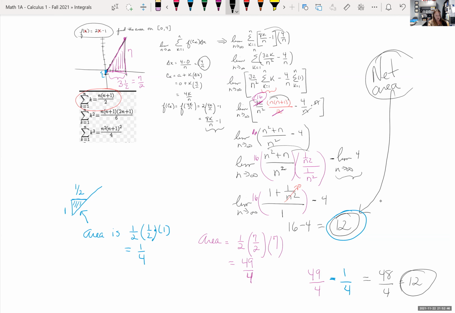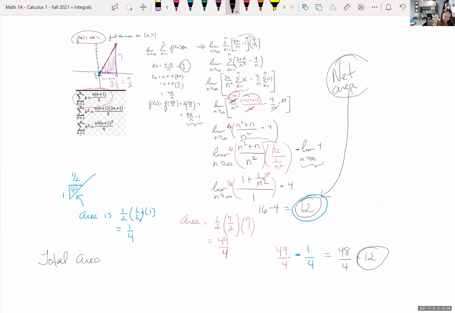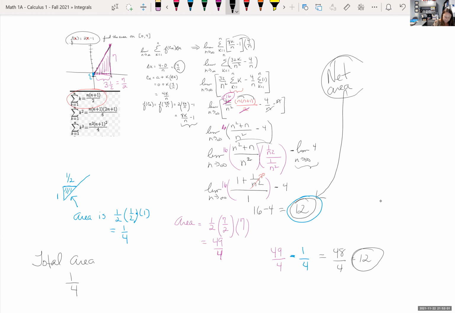If I wanted the total area, I would have had to look at the absolute value of the piece below, which we already found, which is 1/4, plus my 49/4, which is 50/4, or 25/2, or 12 1/2.